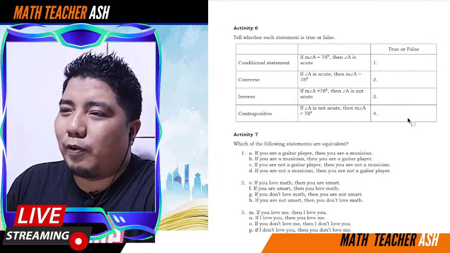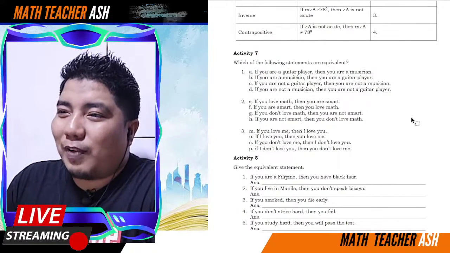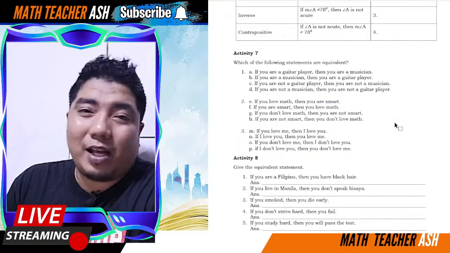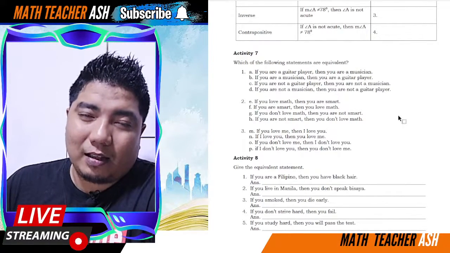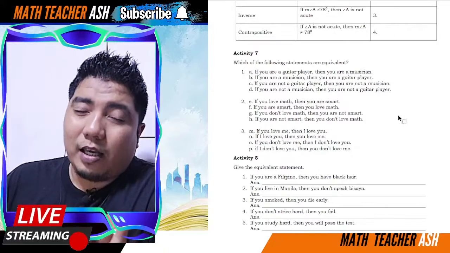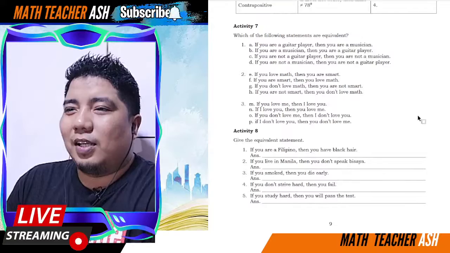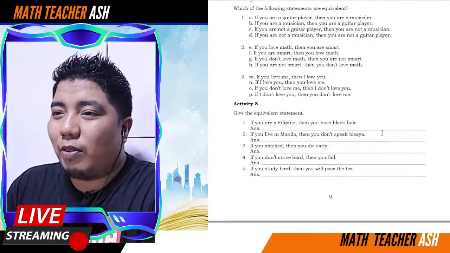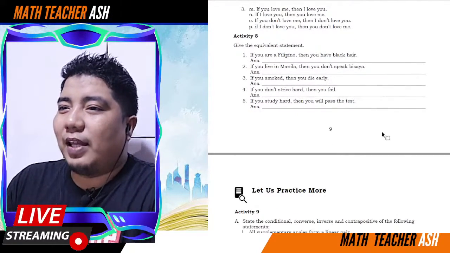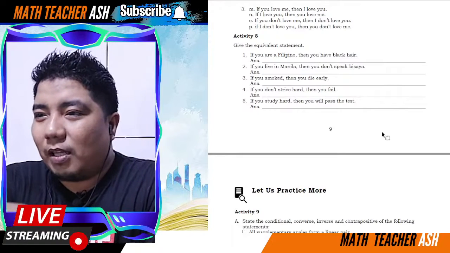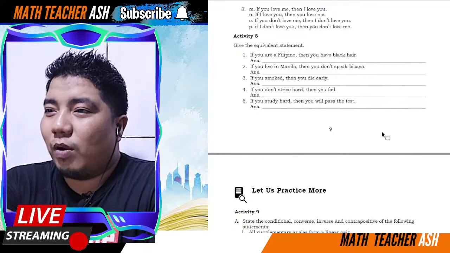So, true, false, false, true. Okay. Which of the following statements are equivalent? So, alam nyo na, remember that the equivalent are the if and then statements and the contrapositive. Okay, so I hope you can answer this 1, 2, and 3. Next, we go to activity 8. Give the equivalent statement. If you are a Filipino, then you have black hair.